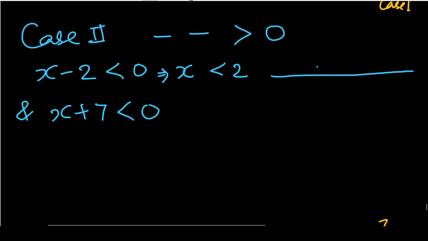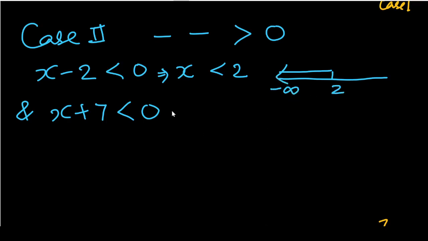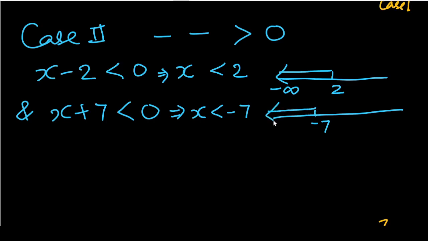X lesser than 2, it is like this. All the values minus infinity to 2 we will take. Similarly, x plus 7 less than 0 gives x less than -7, and if you plot on the number line, since -7 is lesser than 2, it would be on the left side, so it would be minus infinity to -7.